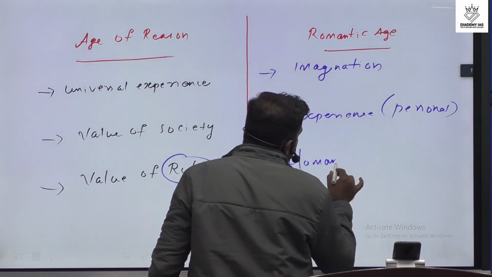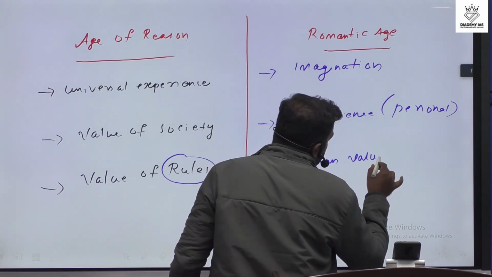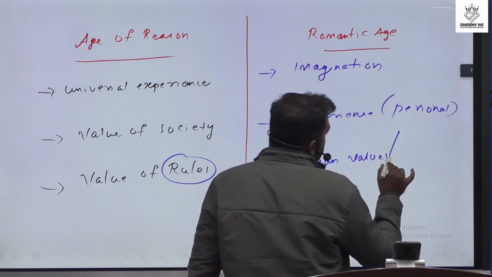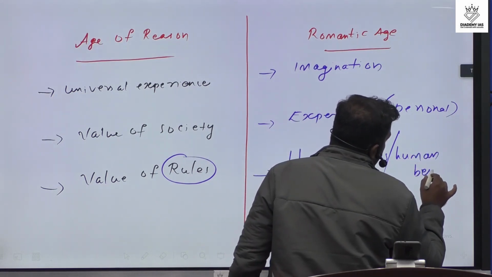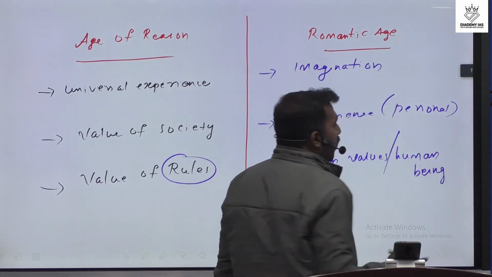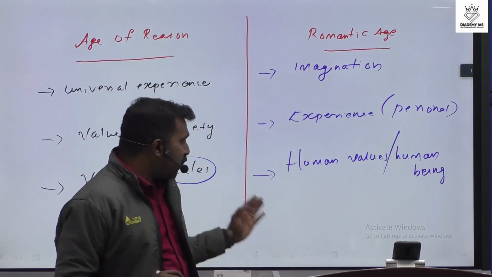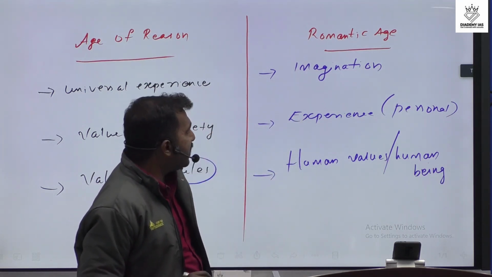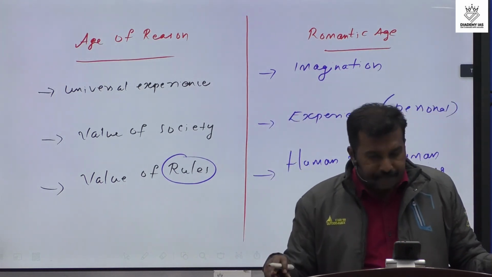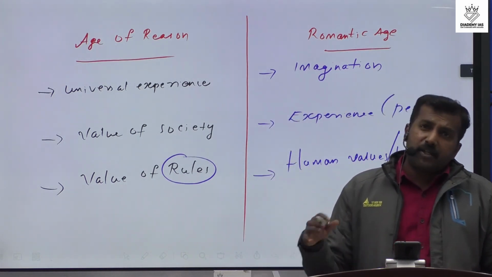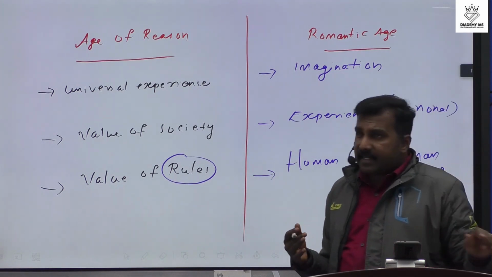Okay, based on human values, considering human beings, giving more priority to human beings, not to rules. So that is the difference between the Age of Reason and the Age of Romanticism.